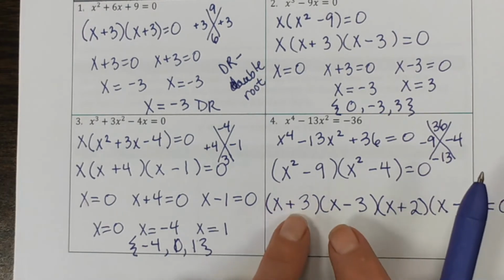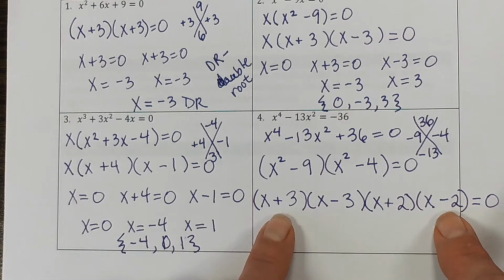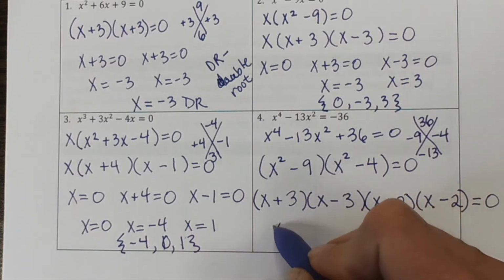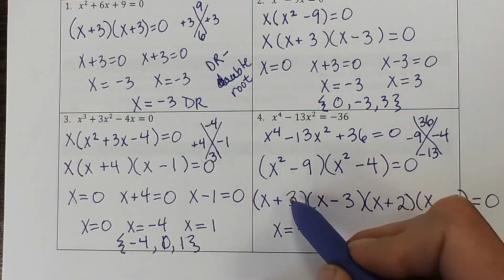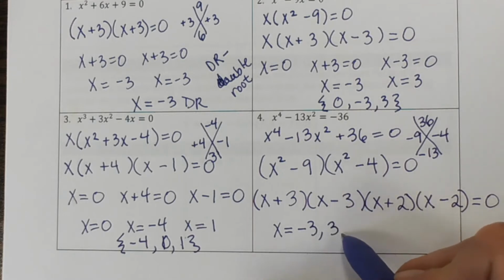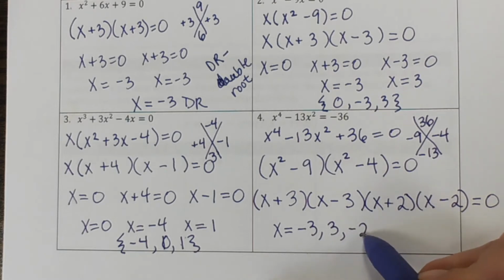So again, we would know that we could set all of these parentheses equal to 0 in order to solve, but we can also skip that step and say, okay, I know that they're always the opposite sign, so that plus 3 would be a minus 3. This minus 3 would become a positive 3. My plus 2, I would subtract it. It would become negative 2. And my last minus 2 would become a positive 2.